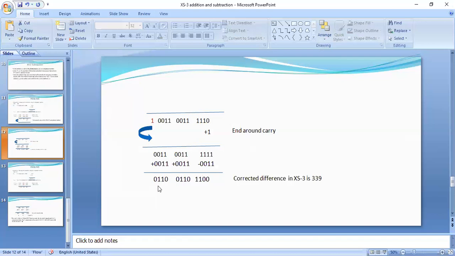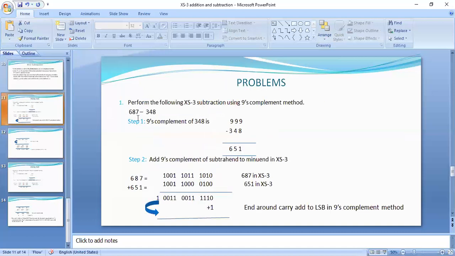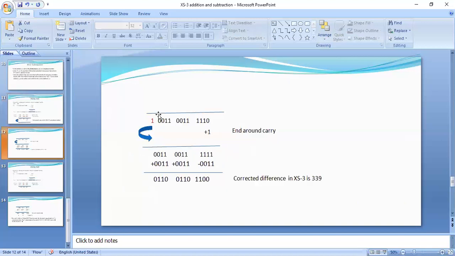The difference is 0110, 0110, 1100. 0110 means 6 in excess-3, and the equivalent decimal number is 339. So the corrected difference is 339. If you subtract 687 minus 348, what we get is 339.